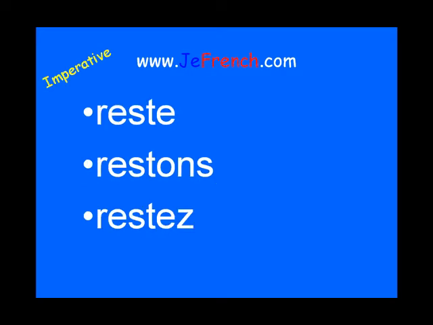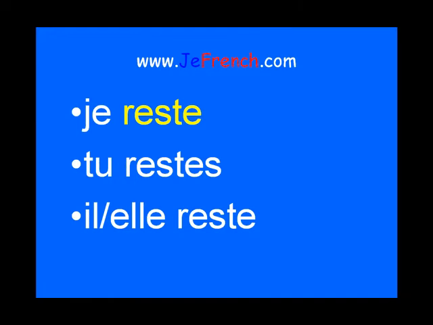So for the verb rester, it would go like this. Reste, that's the tu form. Restons, the nous form. And restez, the vous form. Okay? It's conjugated just like the present tense. For the tu form, we actually use the first person of the singular, the first conjugation. Okay, not the second one, but the first one.